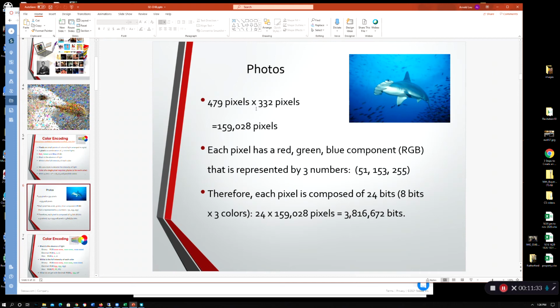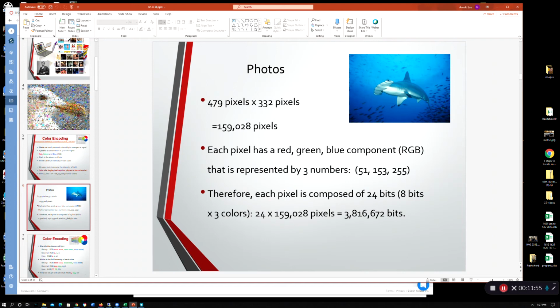So you multiply those two together to get the total number of pixels, the X times Y, to get the area of that rectangle. That's how you get the total number of pixels that make up a page, a photo in this case.